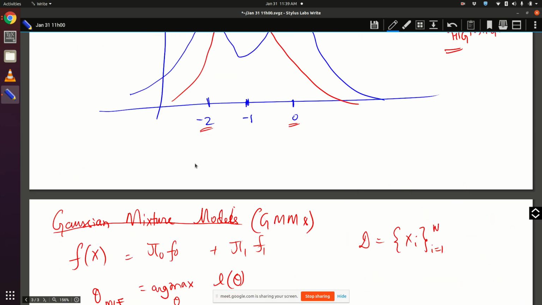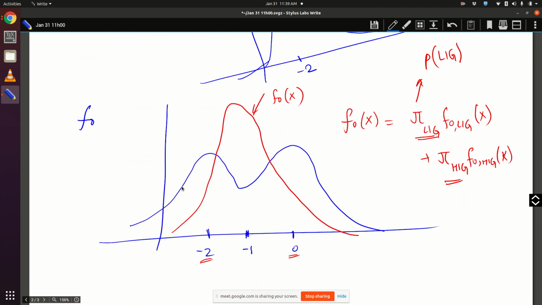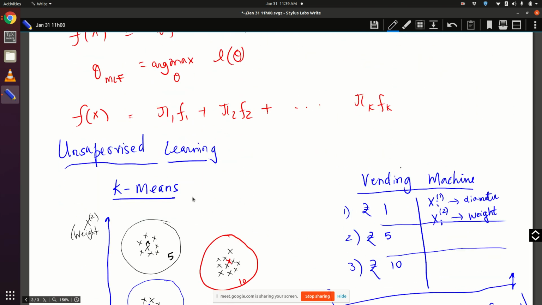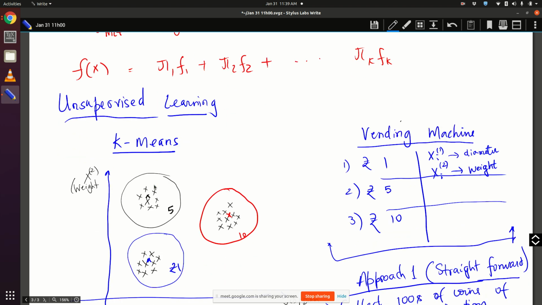There is also the application of clustering to do the Bayes classifier when your data is not purely normal but has some kind of multimodality. You can then think of representing this as a combination of various normals. These are all the applications of clustering, but the simplest clustering method that we will see first is what is called k-means.